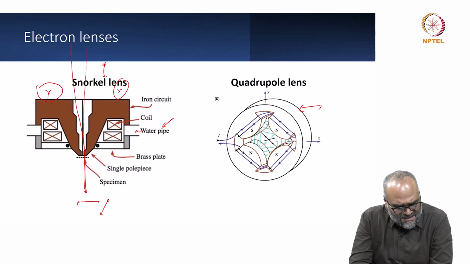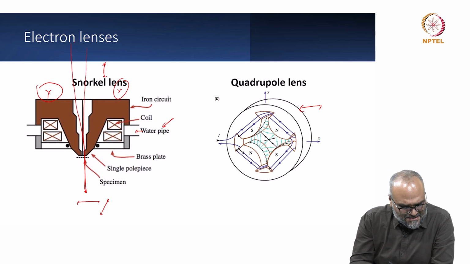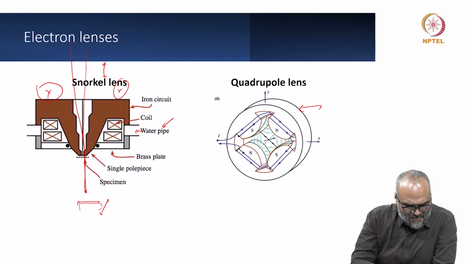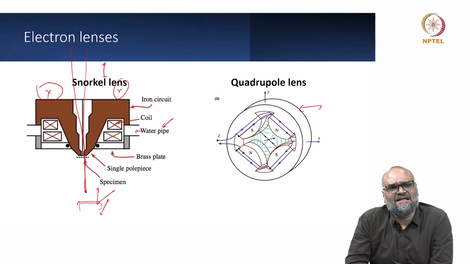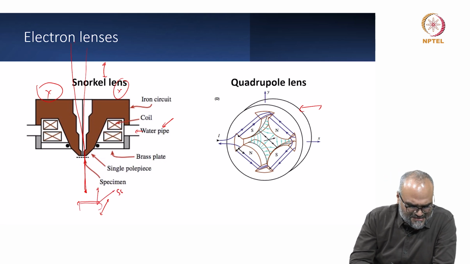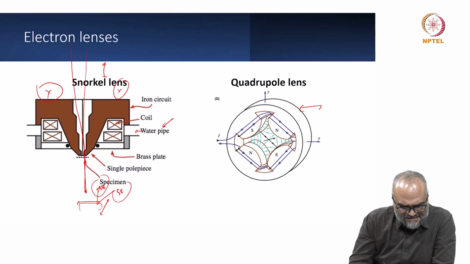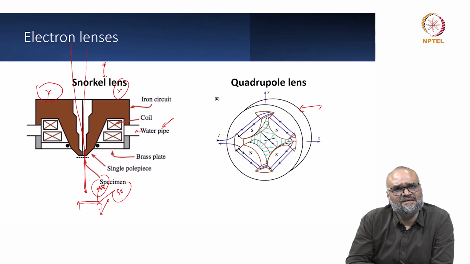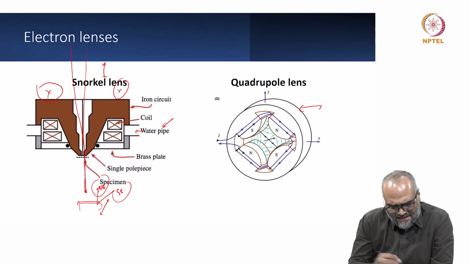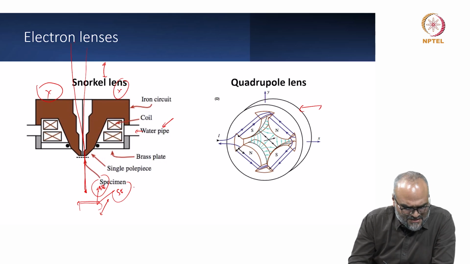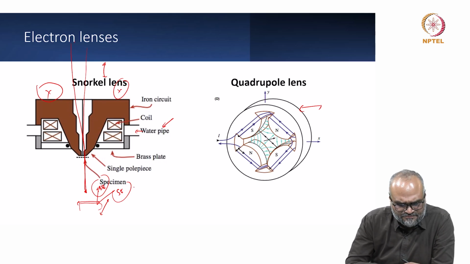So when the electron beam hits the specimen surface, you are collecting the signals that are generated, typically the secondary electrons or the backscattered electrons here, and by using different kinds of detectors, there is something called the Everhart-Thornley detector for the secondary electrons. We'll look at it at a later stage. You can form an image in a scanning electron microscope.